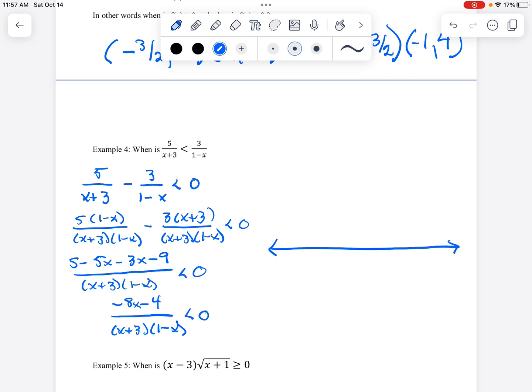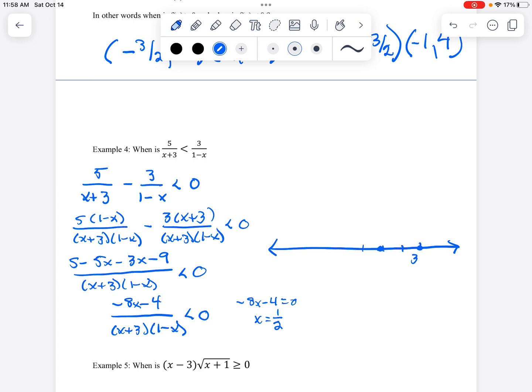And at this point, we would have asymptotes at negative 3 and 1. And we would have a problem at x equals 1. And also, where is our numerator equal to 0?